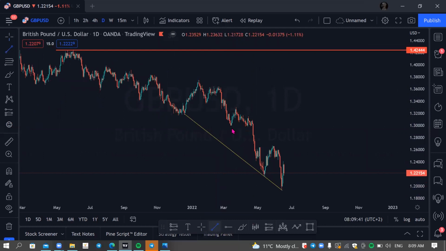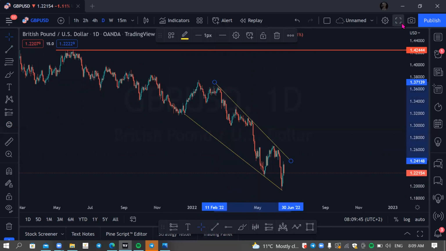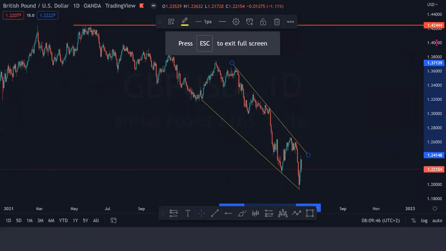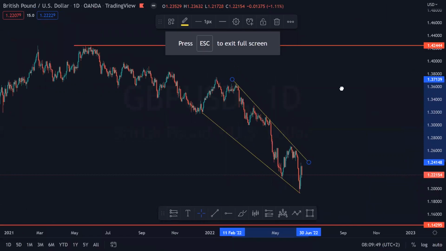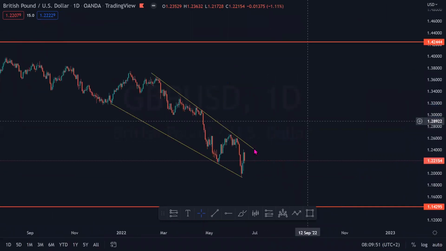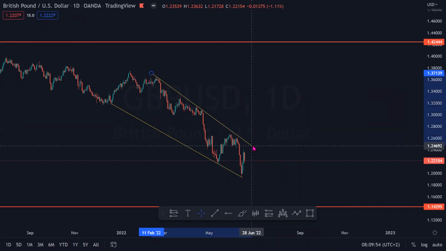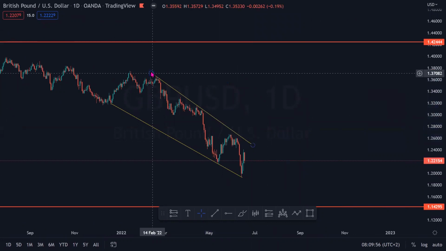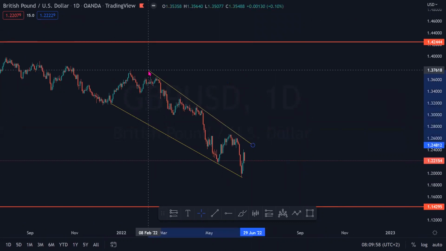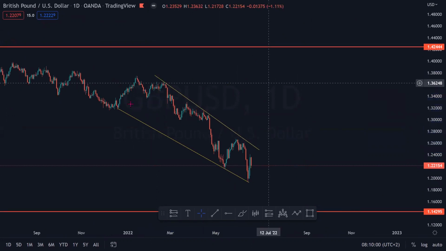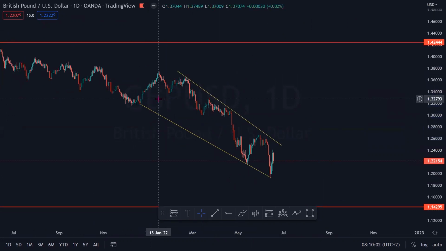Let me just do something real quick. So now we identify this is our falling wedge.